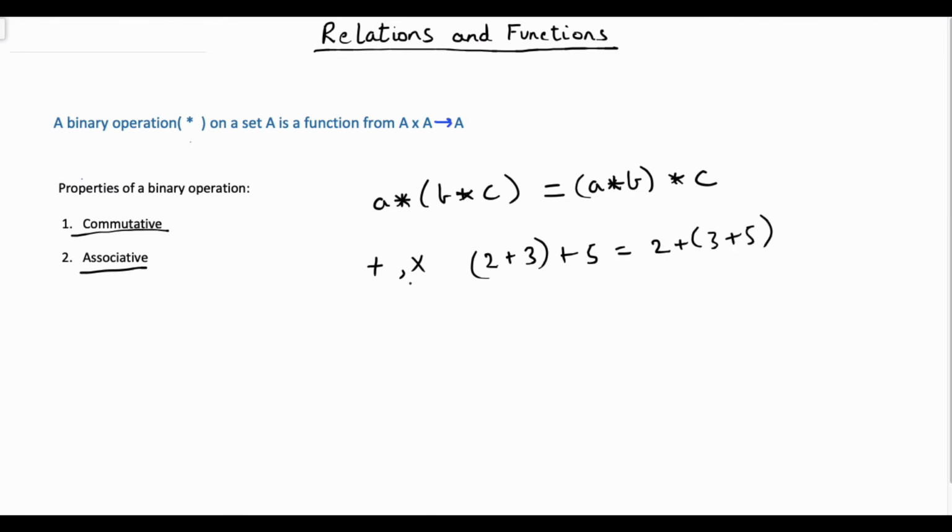And similarly for the multiplication operator. But the subtraction and the division operators are not associative since (2 minus 3) minus 5 is not the same as 2 minus (3 minus 5). Similarly, you can see for yourself that the division operator is not associative.